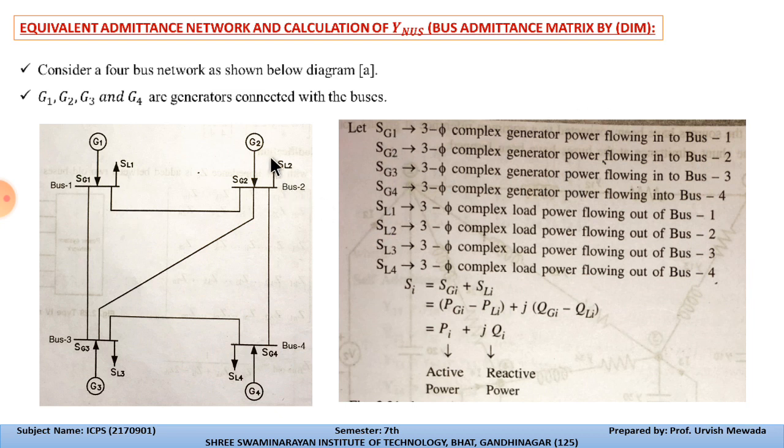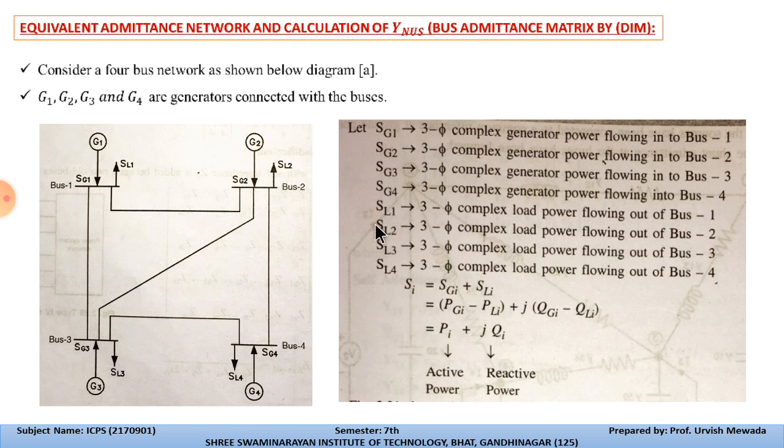We have 4 generating stations, so this is the complex power, or apparent power, of the respective buses. At generating station 1 it is SG1, at generating station 2 it is SG2, at 3 it is SG3, and at 4 it is SG4.